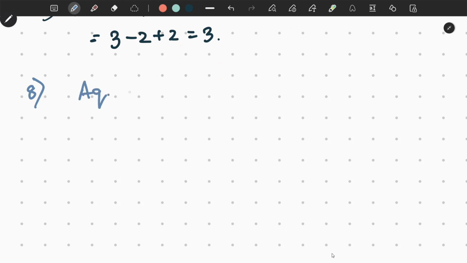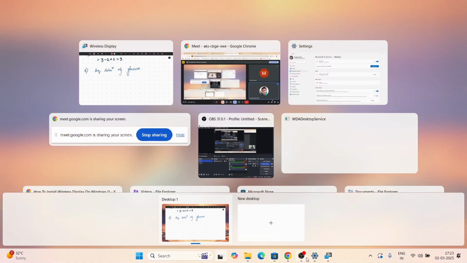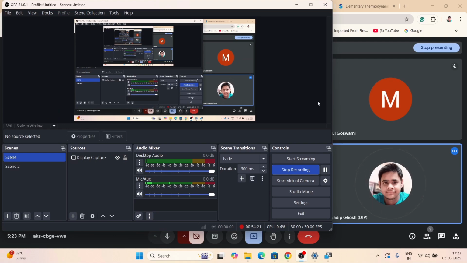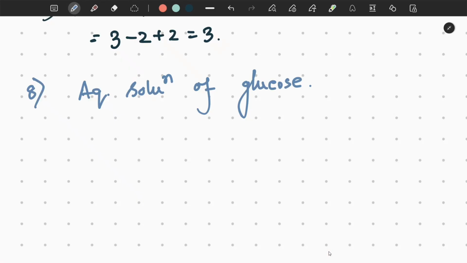Again, same type of question, but it is again a little bit different. Aqueous solution of glucose. Let me check this. Okay, sorry. Right? Aqueous solution of glucose.